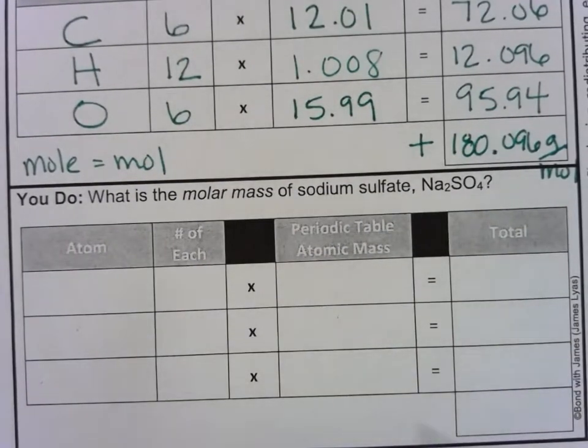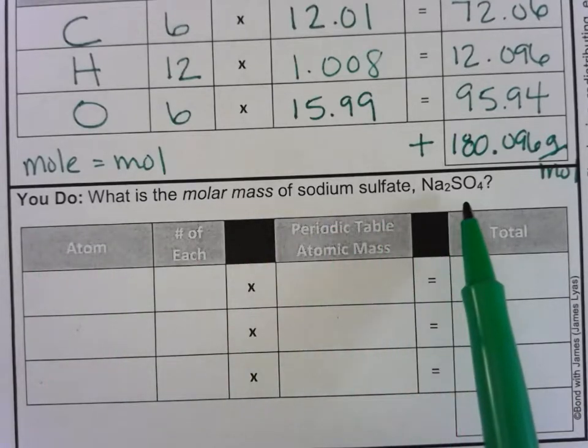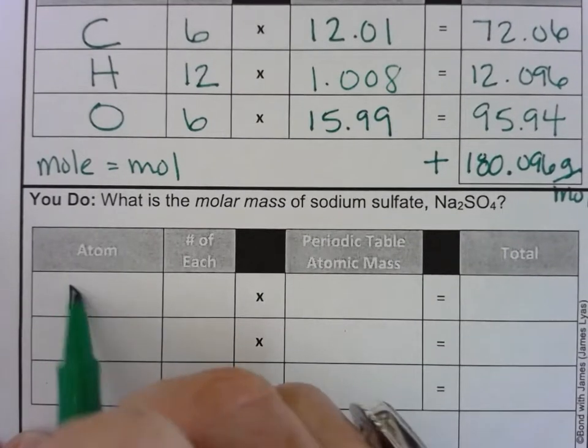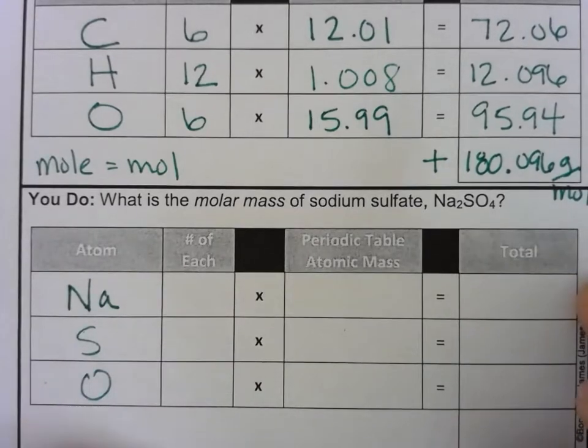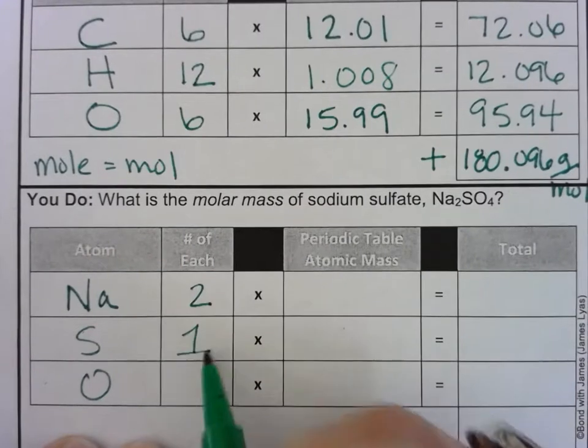What is the molar mass of sodium sulfate? Na2SO4. So again, we have a space for the atoms. I'm going to list Na, S, and O. And I need the number of each, so there's 2 sodiums, 1 sulfur, and 4 oxygens.